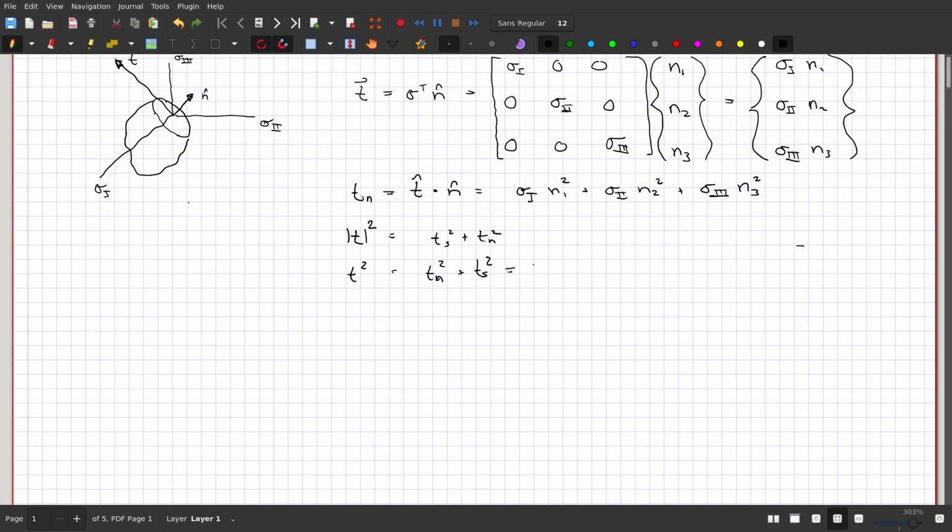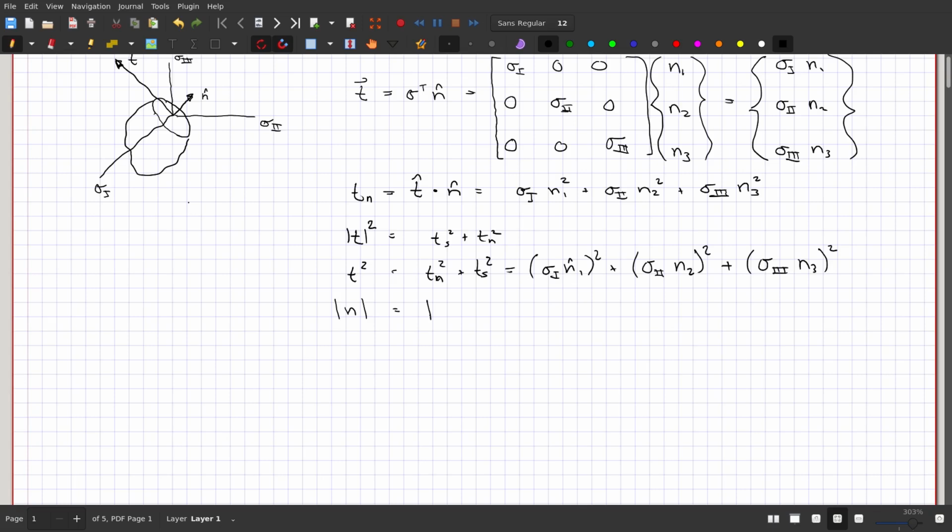And that's equal to sigma 1 n1 squared plus sigma 2 n2 squared plus sigma 3 n3 squared. Finally, we have that the magnitude of n, because it's a unit vector, is equal to 1, right? By definition.